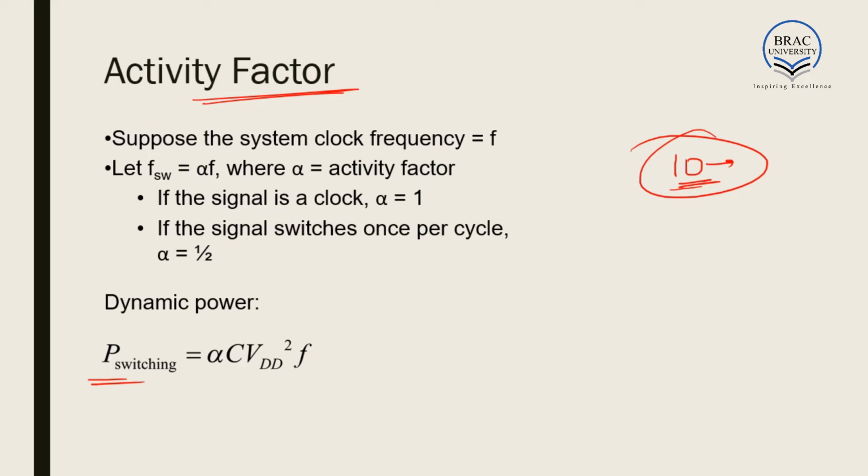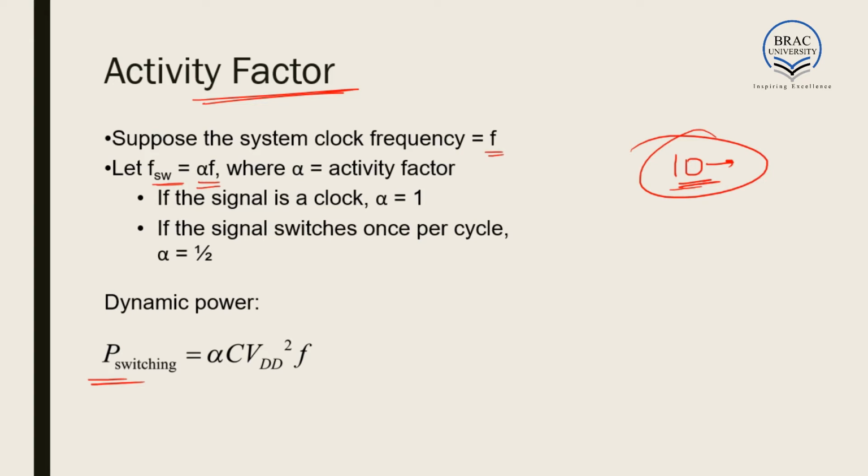Suppose the system clock frequency is F. And we consider that FSW, that is the switching frequency, is equal to alpha into F, where alpha is the activity factor.